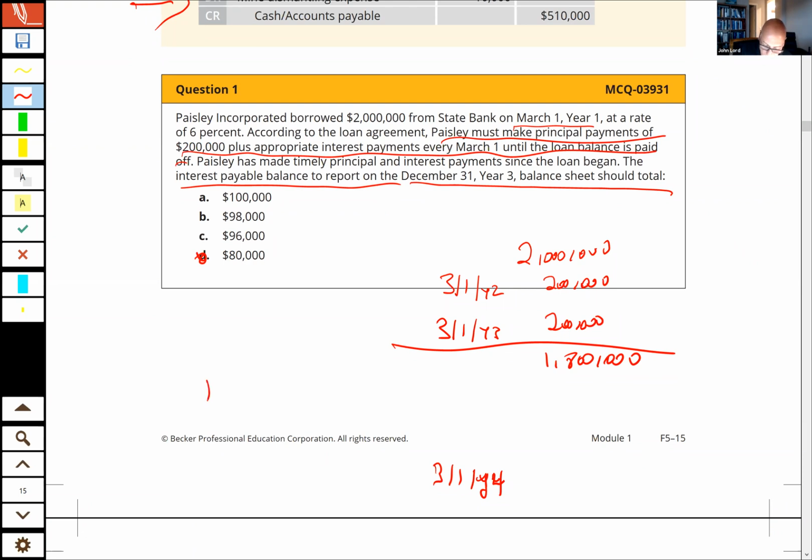Now I take the 1,800,000. What was the interest rate on this? 6%. Great. And it's how many months? It is 10 months. You have to count March because they didn't make that payment until March 1st, so we have to count March as part of the accrual.